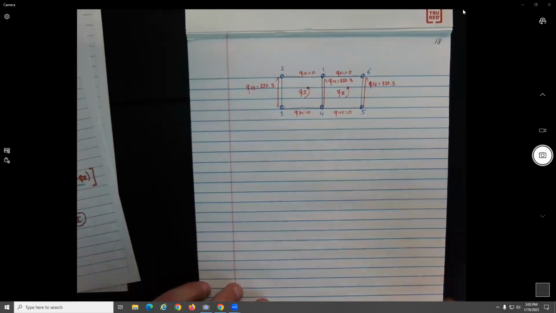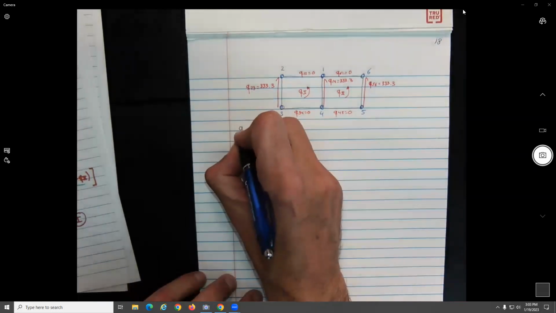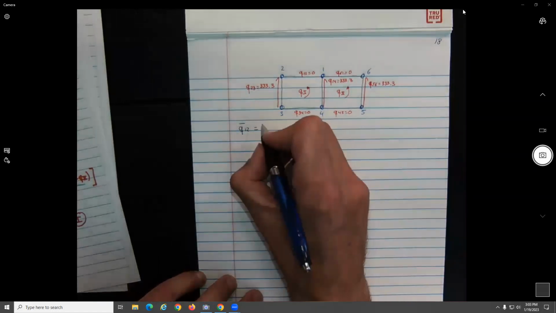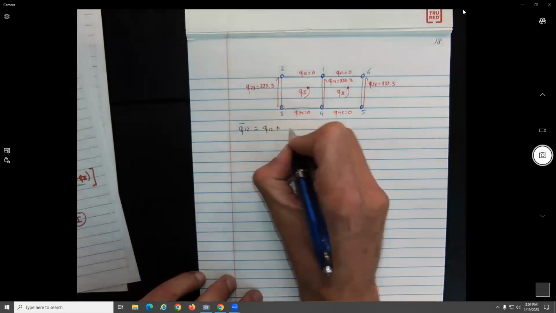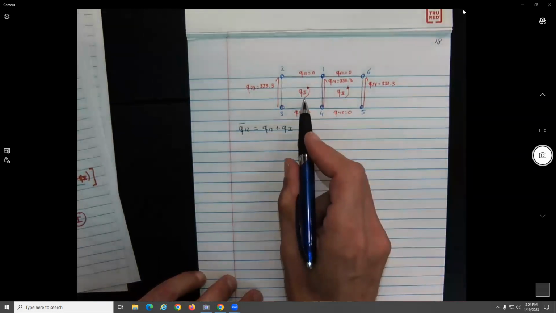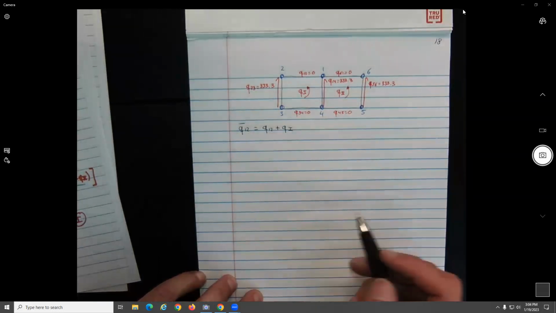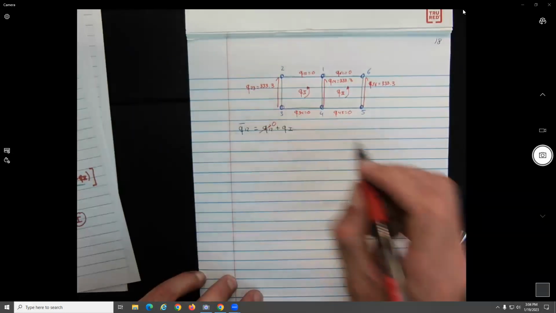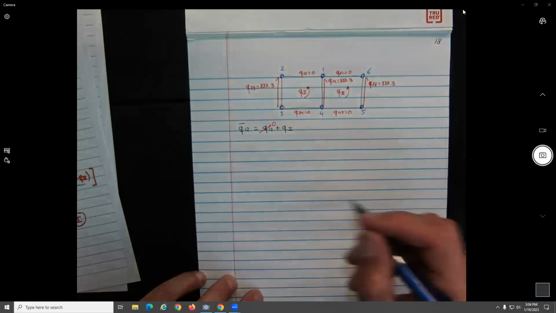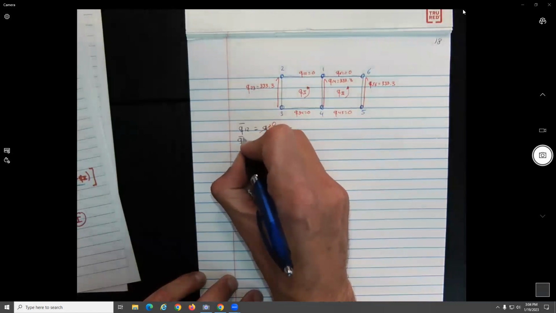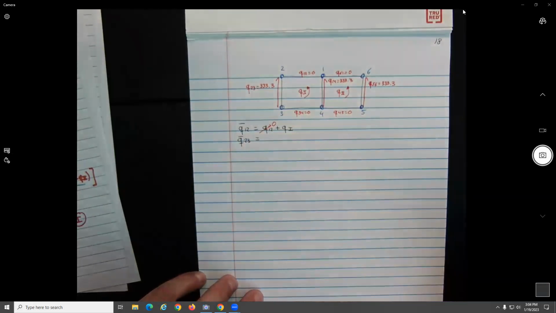Okay, so now what we do, we're going to define a new shear flow that we call Q bar 12, where Q bar 12 is equal to Q12 plus the constant shear flow that we assumed due to torsion in cell 1, Q sub 1. In our case, Q12 is equal to 0, so Q bar 12 is the same thing as Q1. And we keep doing the same thing. Now we need to be careful. What would be Q bar 23?